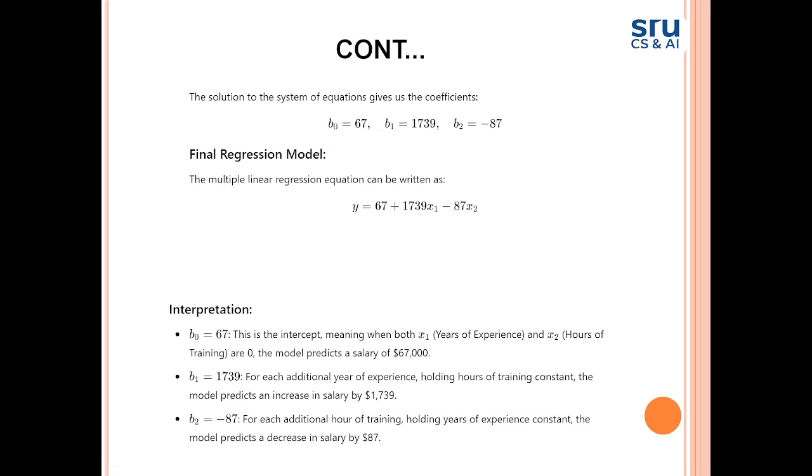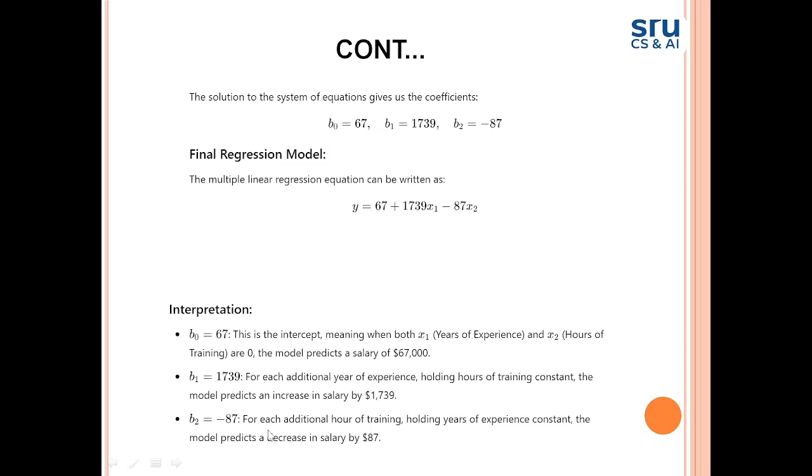Then beta 1 is equal to 1739: for each additional year of experience, holding hours of training constant, the model predicts an increase in salary of 1739.